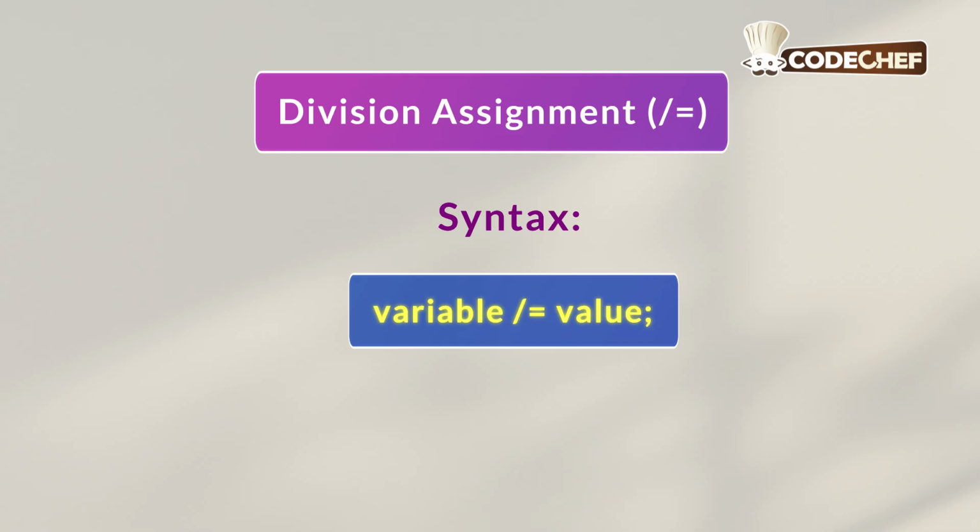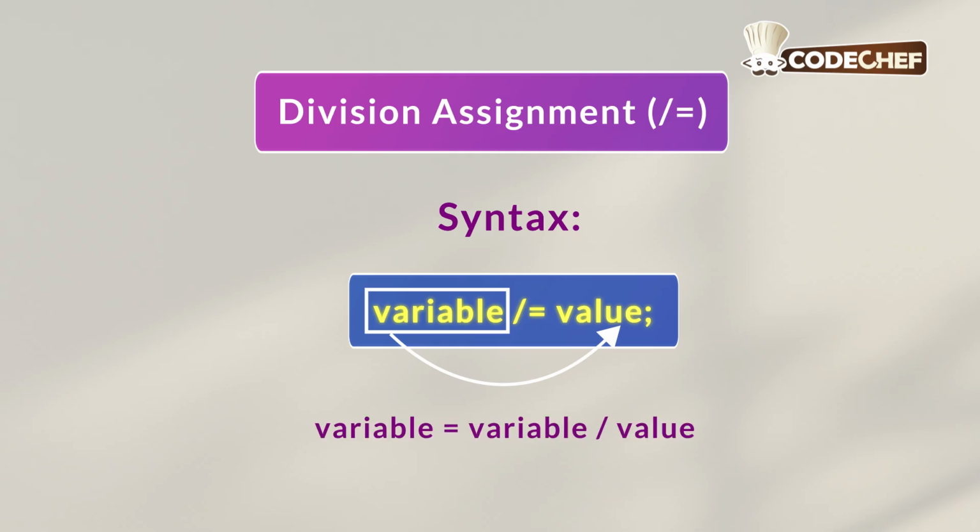So here, whatever is the existing value of the variable, it will be divided by the value given on the right hand side of the slash equal to symbol, and whatever the quotient is will be stored as the latest value of the variable.